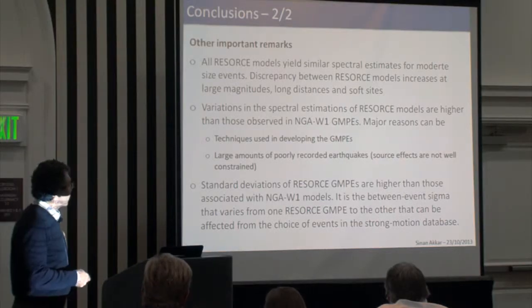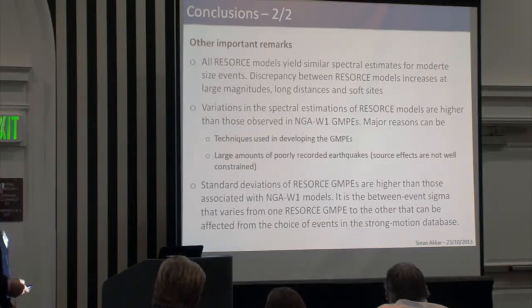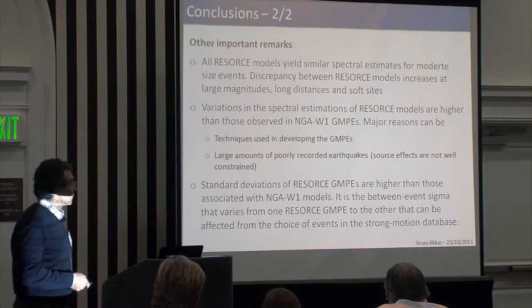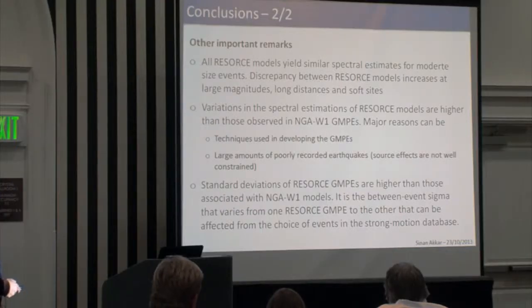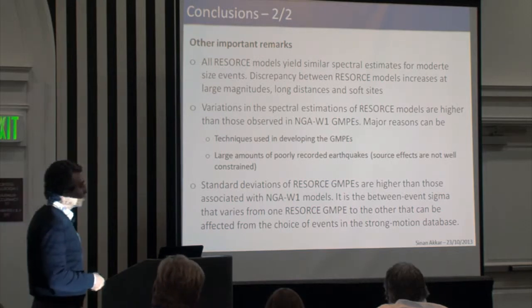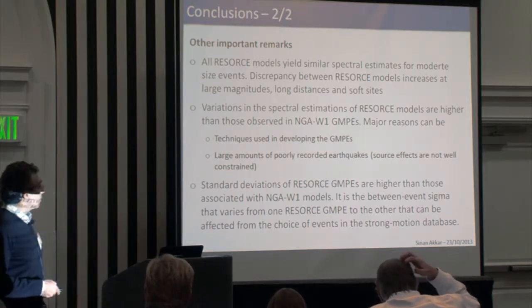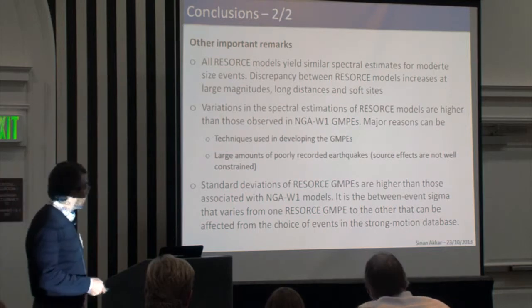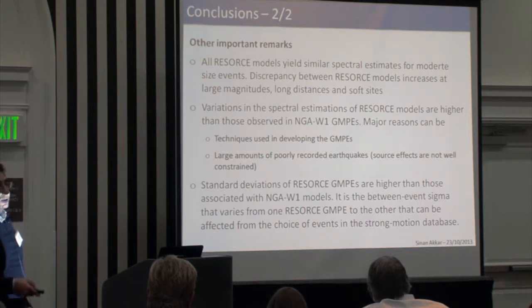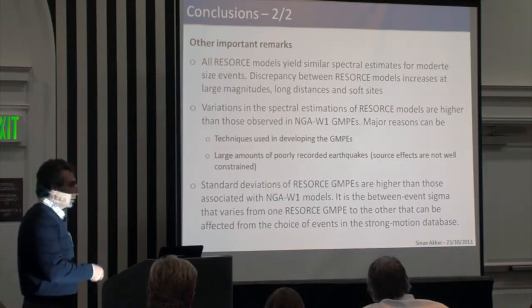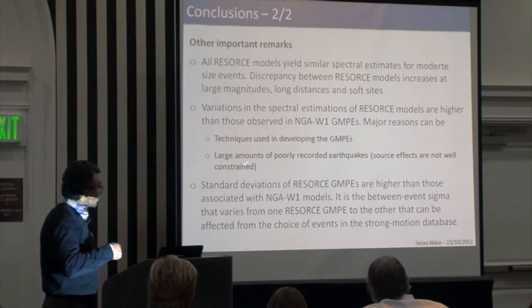Other important remarks: all RESORCE models yield similar spectral estimates for moderate size events, but the discrepancy between the models increases for larger magnitudes, longer distances, and softer sites. The variations in spectral estimations of RESORCE models are higher than those observed in NGA-West1 GMPs, and the major reasons can be we are using different techniques while developing GMPs.